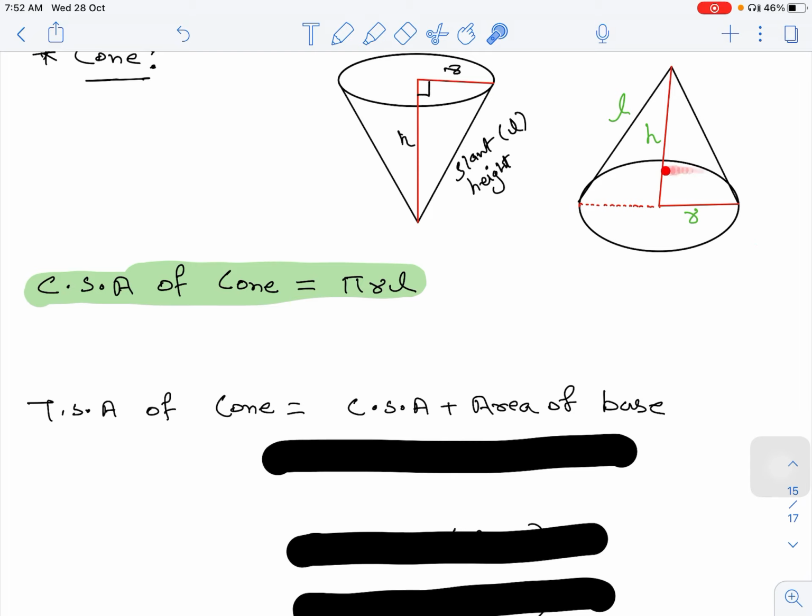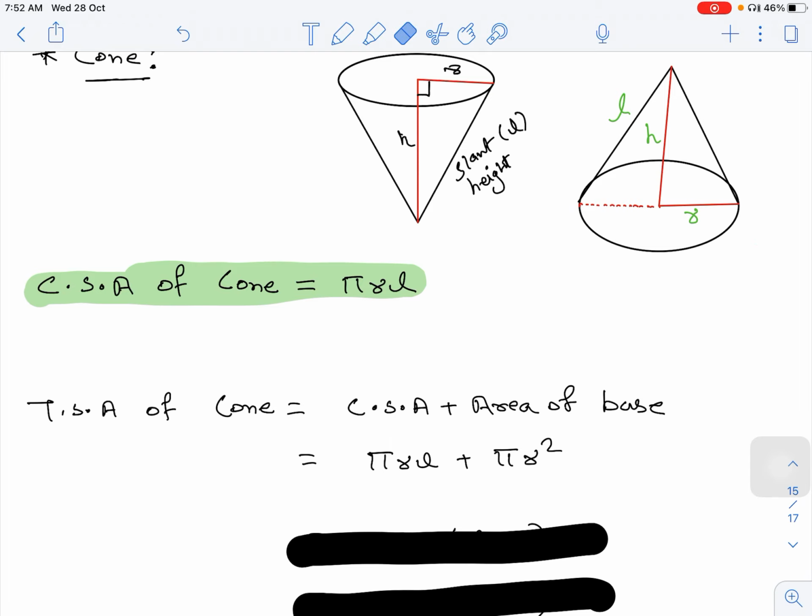It may be either here or here. Then in the next step, we know the CSA of a cone is pi r l, so we put that value over here, and we know the area of a circle. Here, instead of this base, let me make it a circle so that it will be easy to understand.